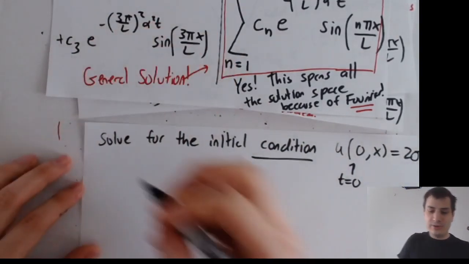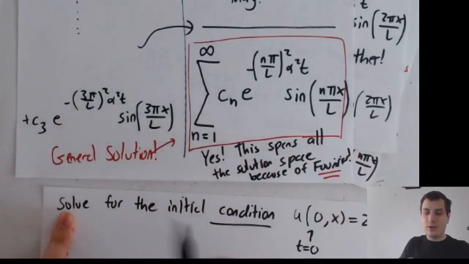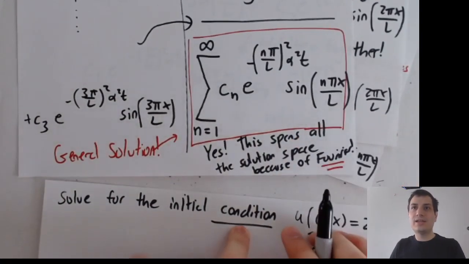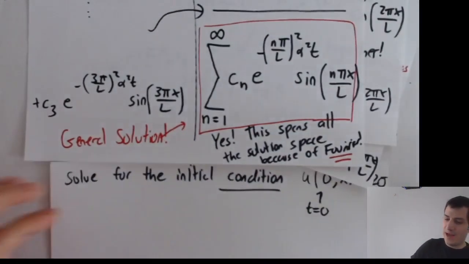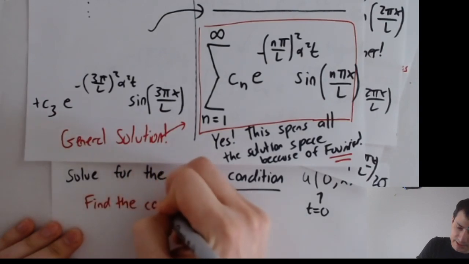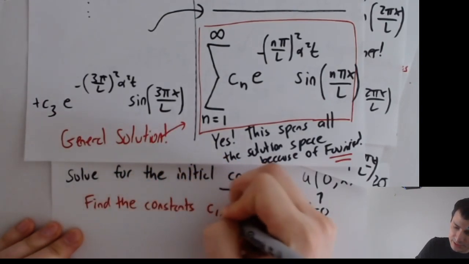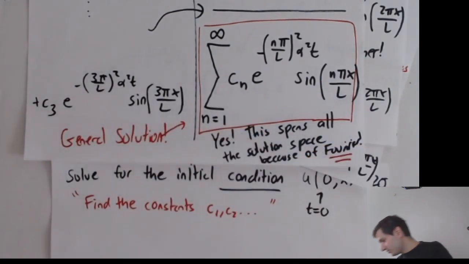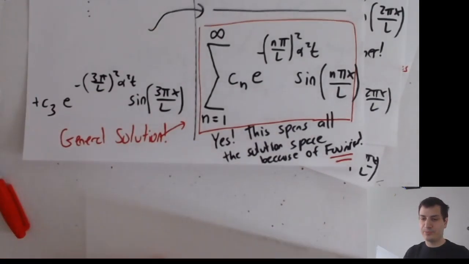And so what I would like to do, solving, what does solving mean? Well, after you found the general solution and someone says solve for this initial condition, they're really saying find the c's. Find the constants C1, C2, right? So once we have the general solution, solving means finding the constants. So that's what I'm going to do.